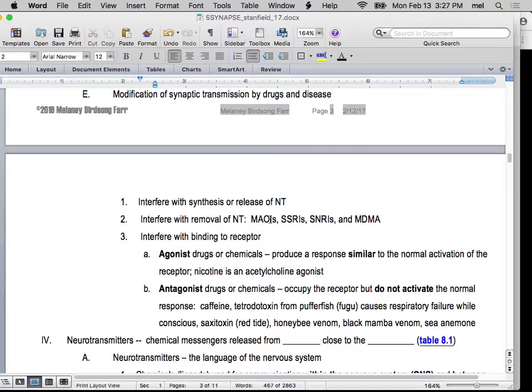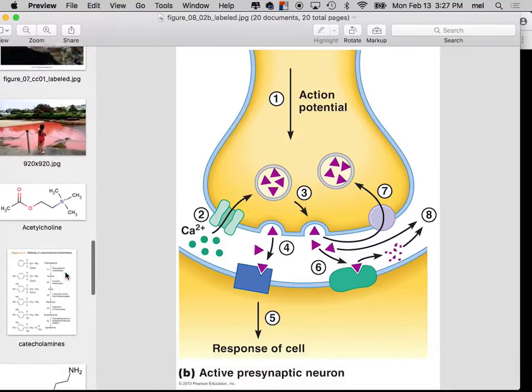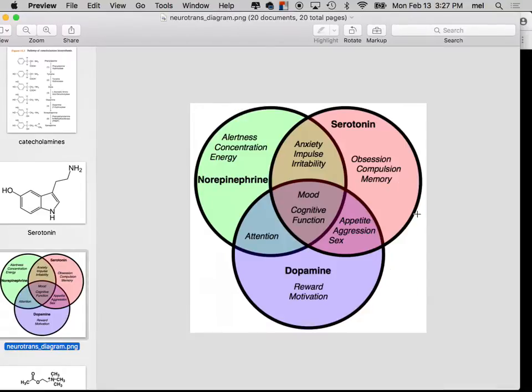There's also SNRIs, which are selective norepinephrine reuptake inhibitors. These are your three favorite neurotransmitters. You don't know it, but they are here. Another way of treating depression is to let your norepinephrine go up a little bit. That's kind of your up-jazzed chemical.